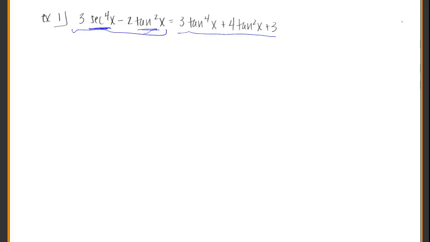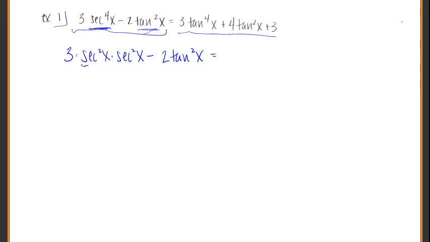Well, none of my identities have to do with the 4th power, but my identities are either the first power or the second power. And let's rewrite that as 3 times secant squared x times secant squared x, and then minus the 2 tangent squared x. And I'm just going to leave the right side open, because all we're going to do is manipulate the left side, eventually trying to get to the right side.